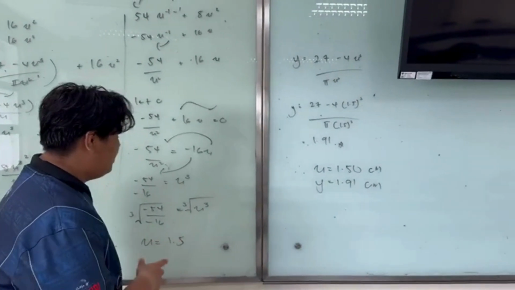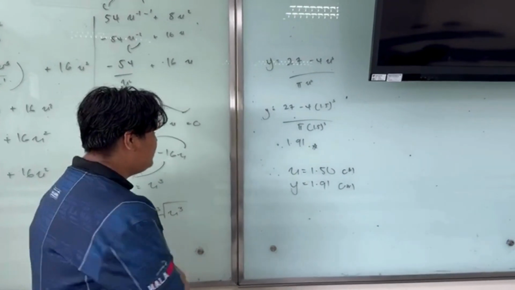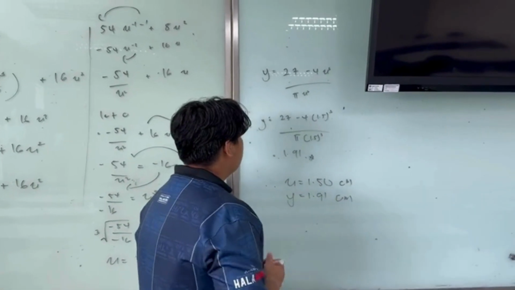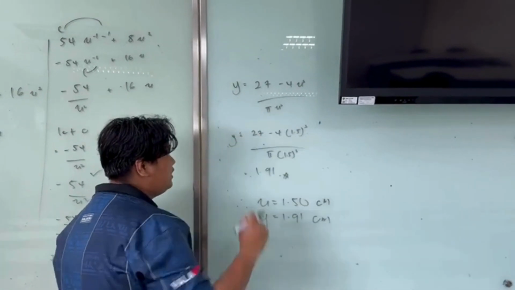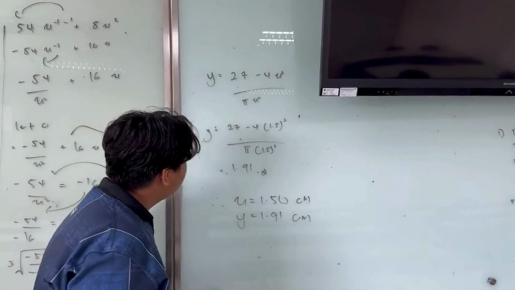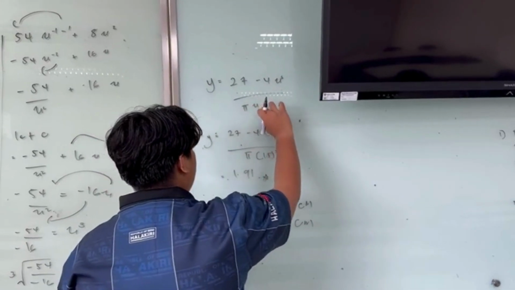After we get our x, we need to insert this x into the earlier equation that we got from Roman 1. So we have y equals 27 minus 4x cubed over pi x squared.